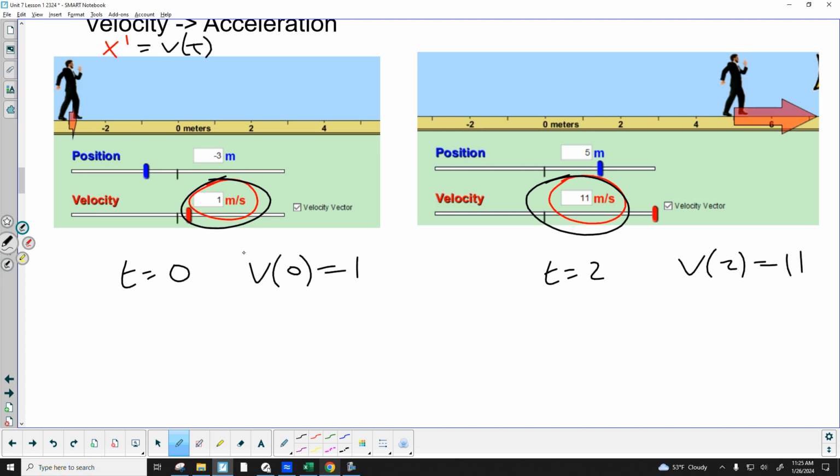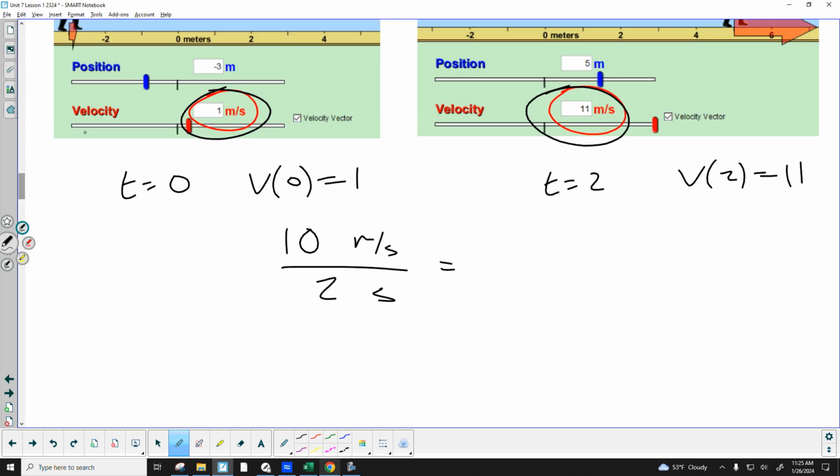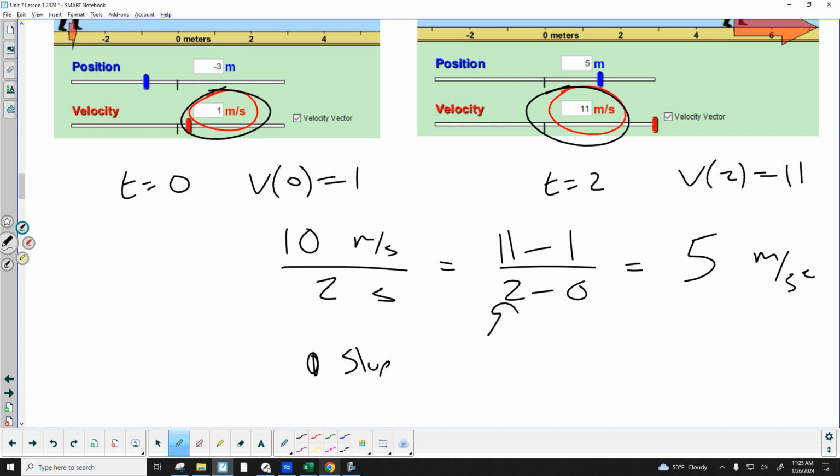Well, my velocity increased 10 meters per second over the course of 2 seconds. How did I calculate that? I took my ending velocity, subtracted my initial velocity, took my ending time, subtracted my initial time. I get 5 meters per second squared. This is the slope of velocity.